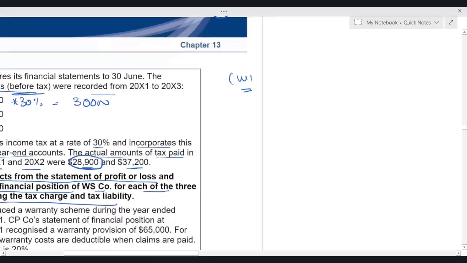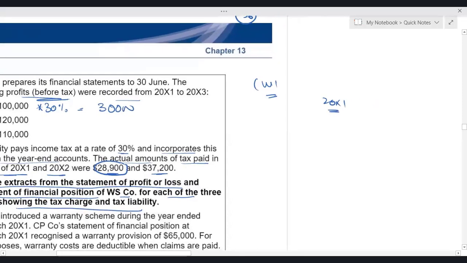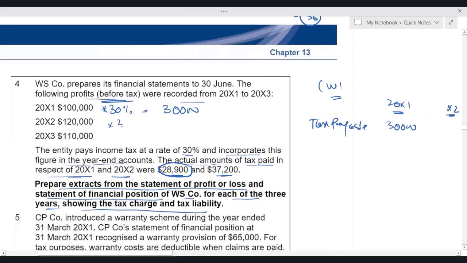So actually what has happened in 20X1, we have recognized the corporate tax liability of 30,000. This is your tax payable. In X2, if I take 30% of this, it is 36,000.